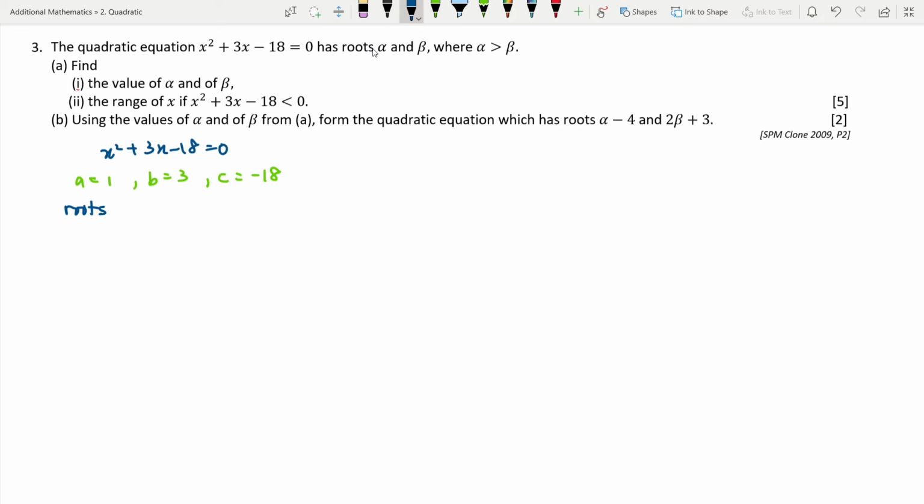The roots of the equation are alpha and beta, where alpha is greater than beta. A. Find the value of alpha and of beta.